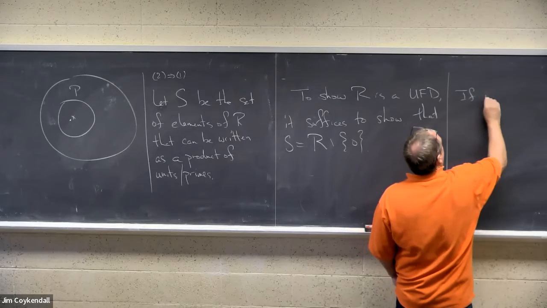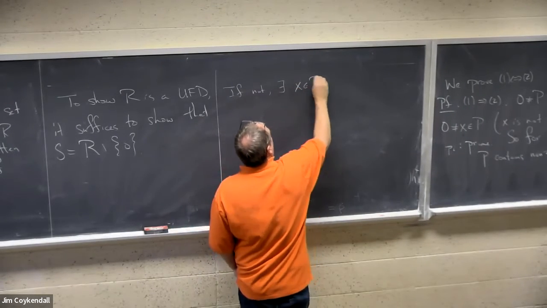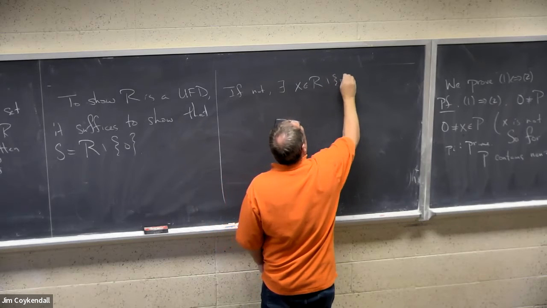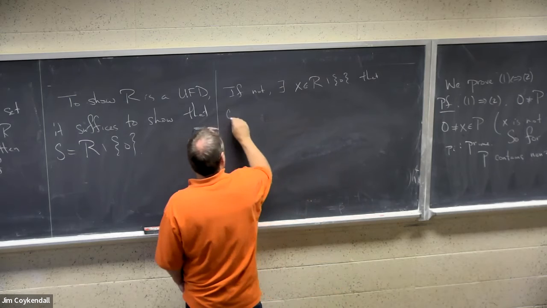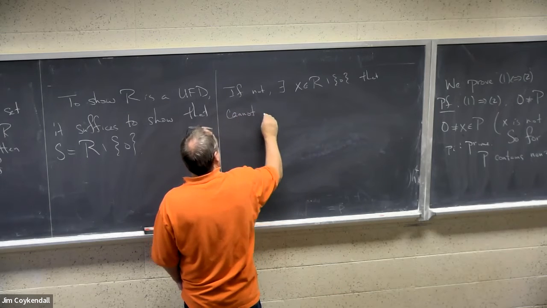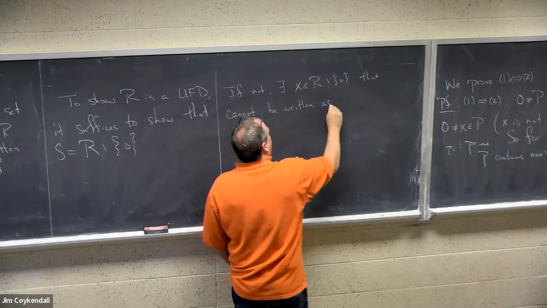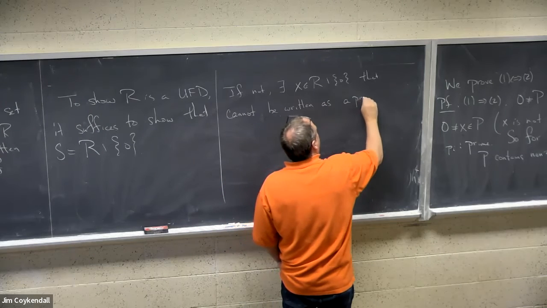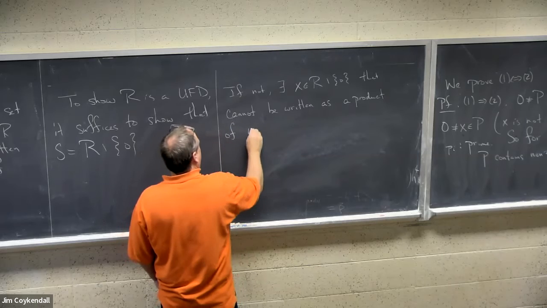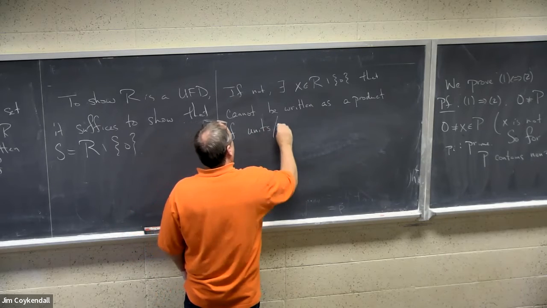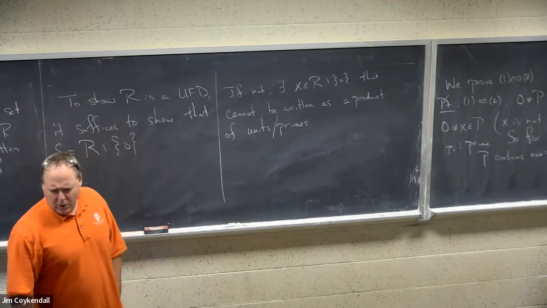If not, there exists a non-zero X in R that cannot be written as a product of units and primes. So suppose you have a ring here.